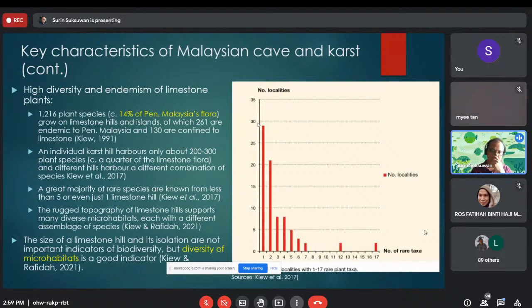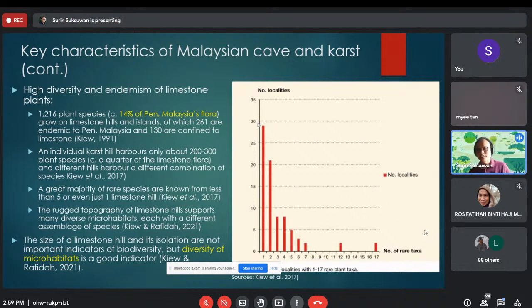So what does it mean? Some limestone hills may harbor up to 17 rare species. You can see that at the extreme end of the chart. Okay? Very few hills have a lot of rare species. But more hills, in this case between 25 to 30 hills, have at least one rare species. Okay?